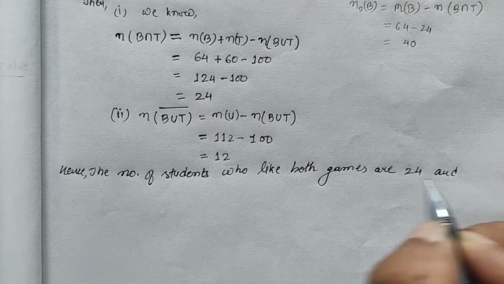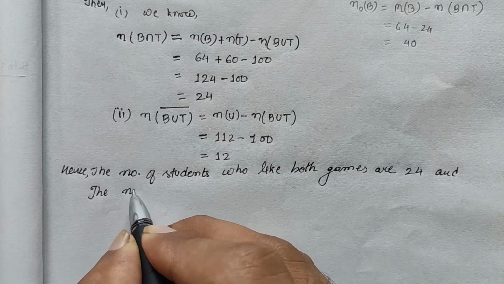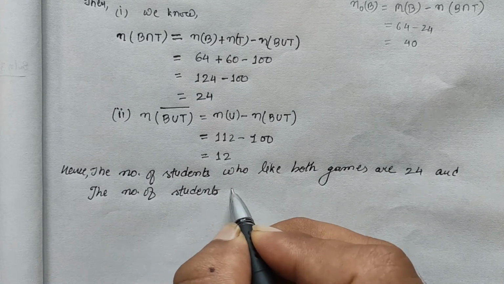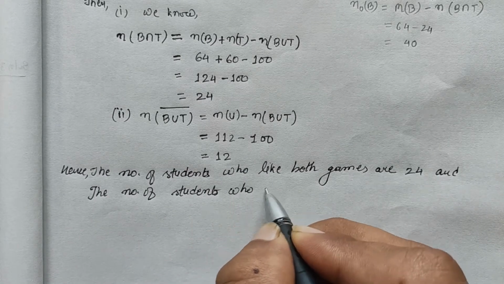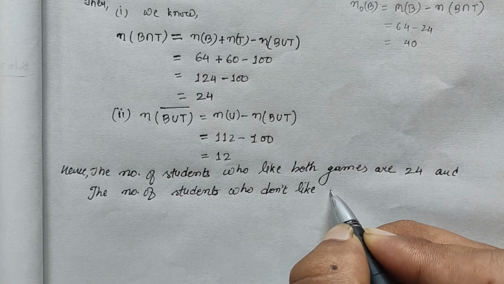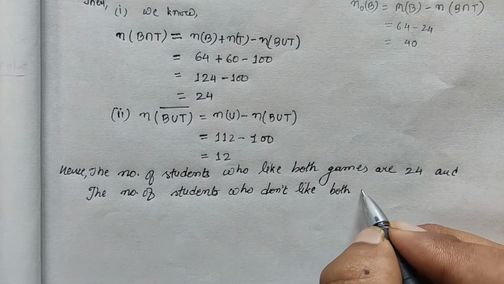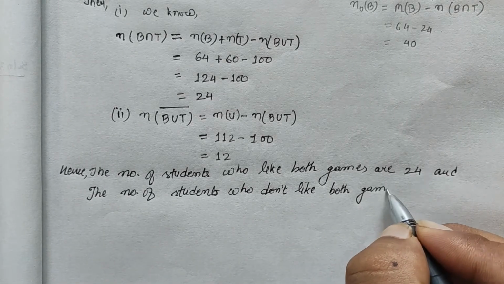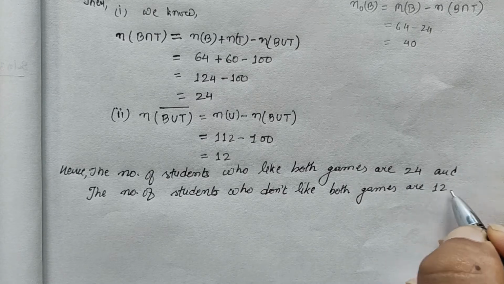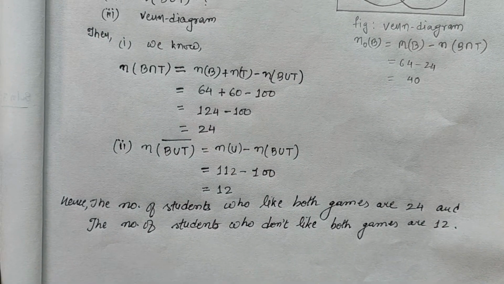And the number of students who don't like both games is 2. So that is your conclusion, and don't forget to write the conclusion after every question.